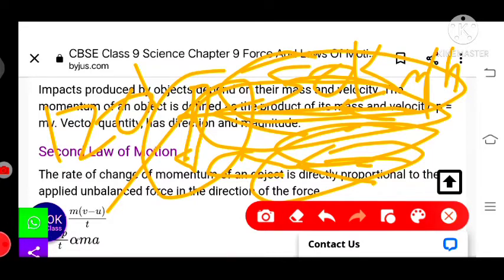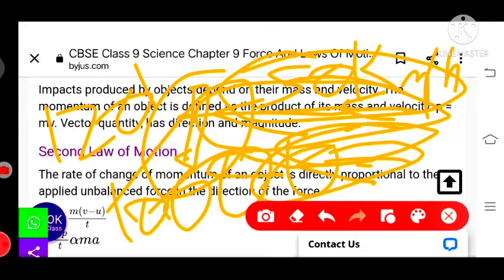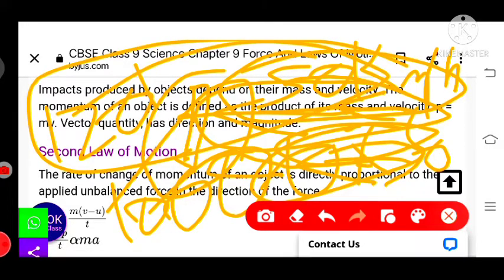Like the mass of a truck is 10,000. So the mass of 10,000 multiplied with 50 kilometers per hour will be 5 lakh momentum. But in the bike case the momentum is less because the mass of the bike is very less.